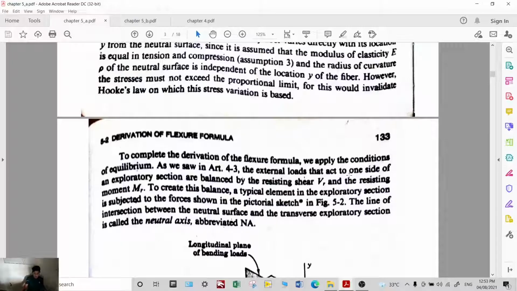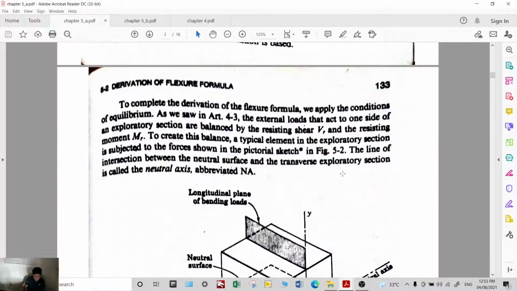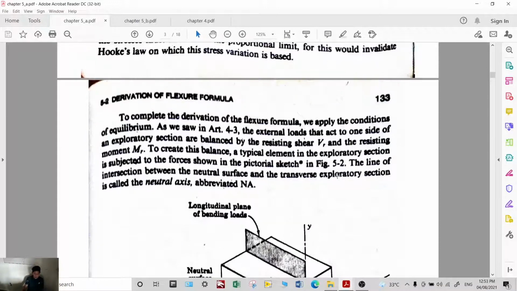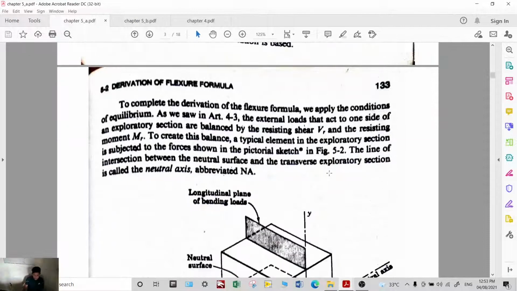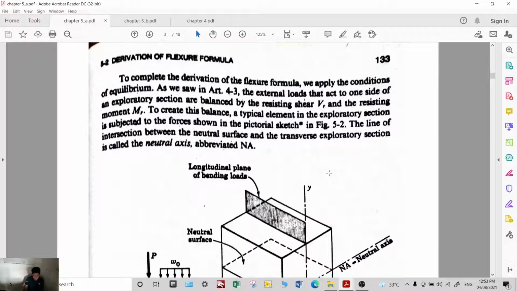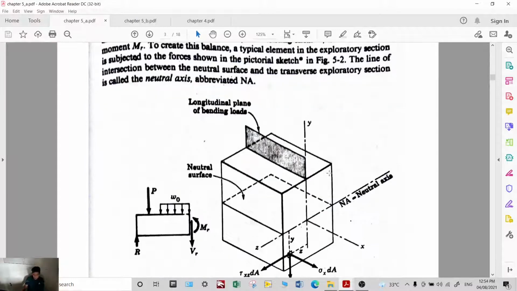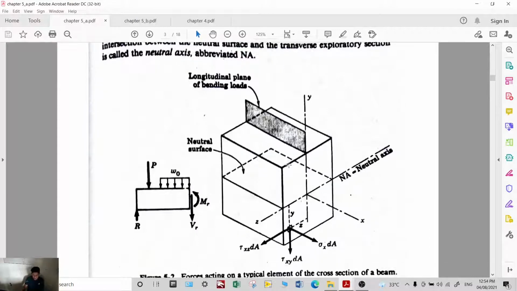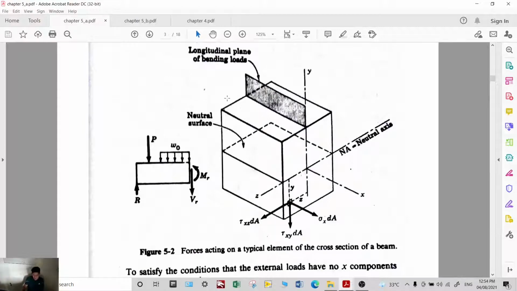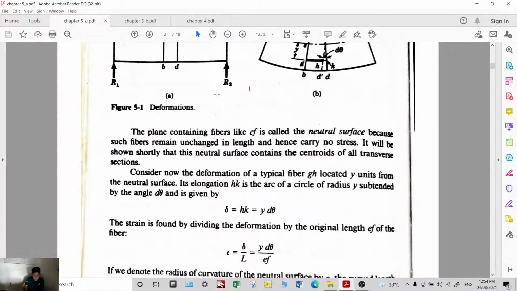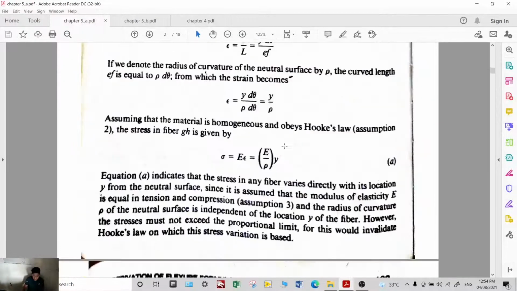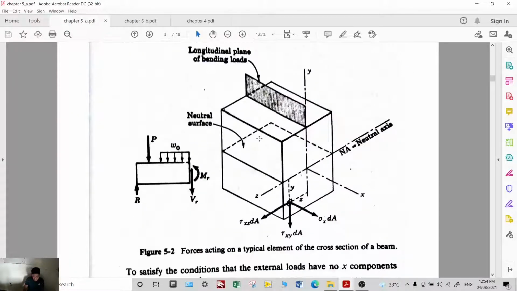Okay. So, let's proceed with deriving the flexure formula. In order to derive the equation for the flexure formula, we will use the 3D counterpart of this diagram. In the 3D model, again this is fiber GH.